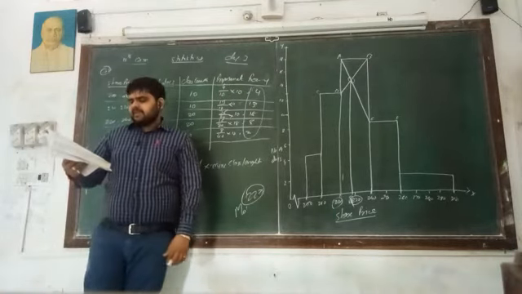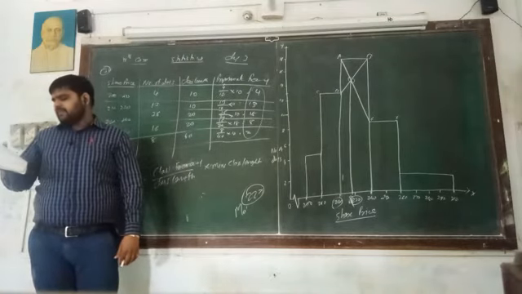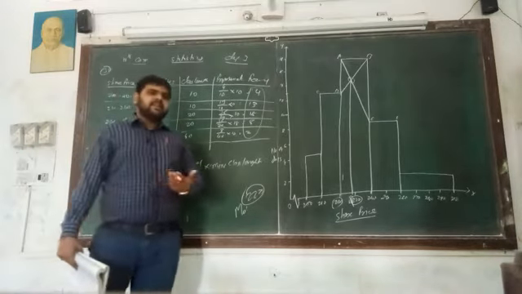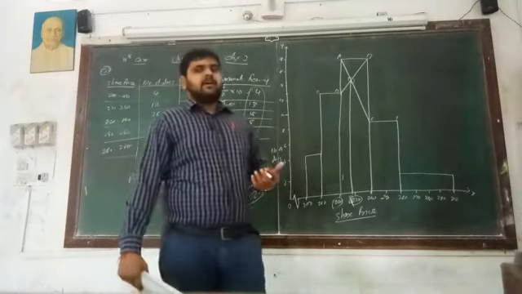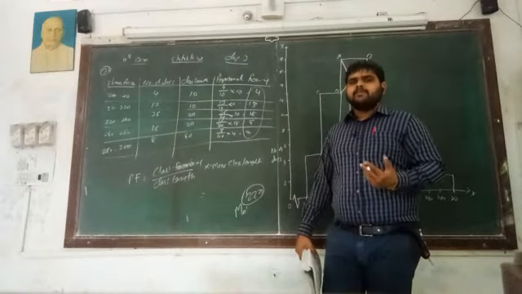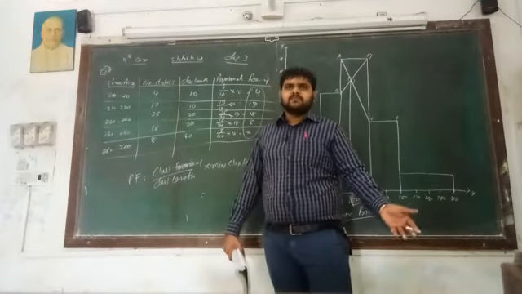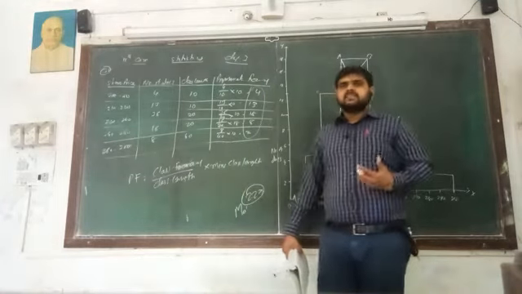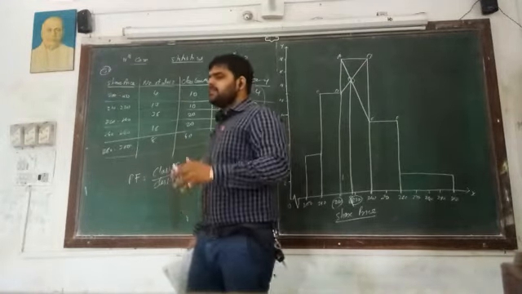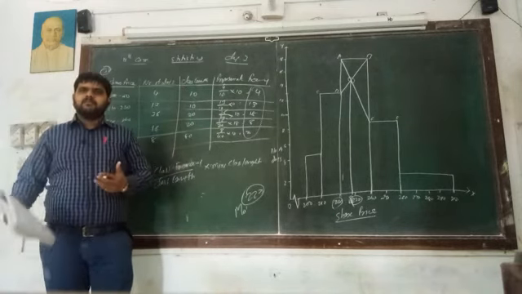Number 2, there can be more than one mode for the given variable, whereas sometimes mode cannot be found. Sometimes, as we already discussed at the start of the topic of mode, 2 modes are there, 2 times the same repetition is there. Sometimes there is no repetition. So that is the limitation. Sometimes more than one mode is there, and sometimes there is no mode. So that is also a limitation for mode.